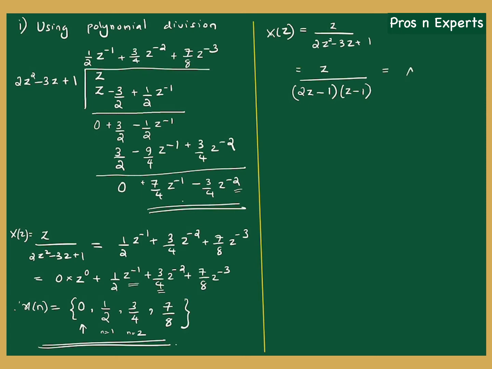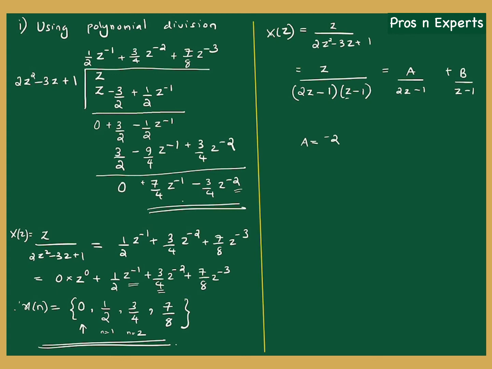So this is a by 2z minus 1 plus b by z minus 1. So a is, you put z equal to 1 by 2 in this term, so 1 by 2 by 1 by 2 minus 1 gives you minus 2. So a equal to minus 2.